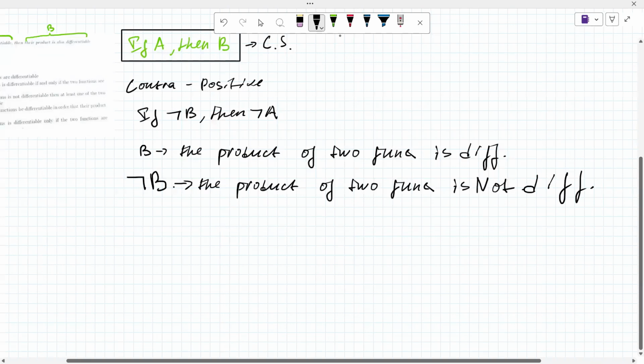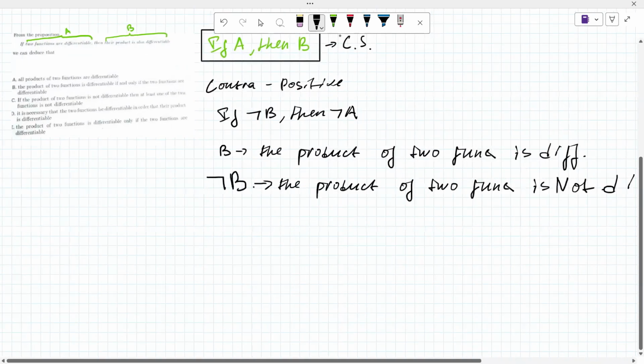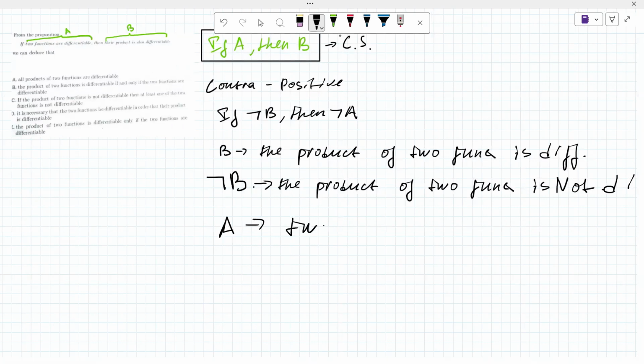So we will use not B. If A, in our case, was two functions are differentiable, maybe you can think that you're assuming not A, two functions are not differentiable, but this is wrong.